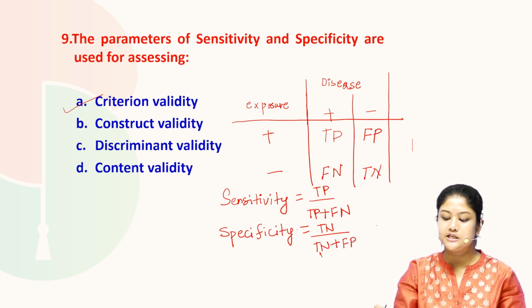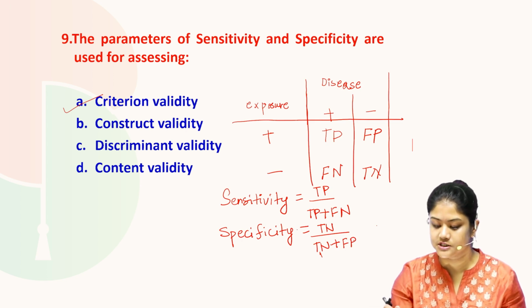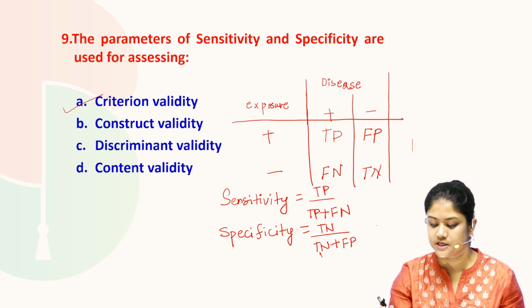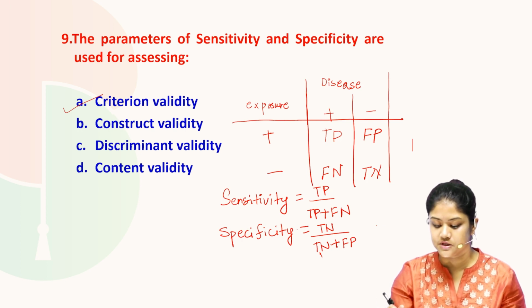So now if you can easily construct the table and know which ones are true positive, false positive, false negative and true negative, we can easily put in the values and find our correct answer.